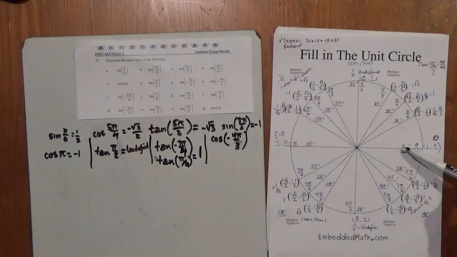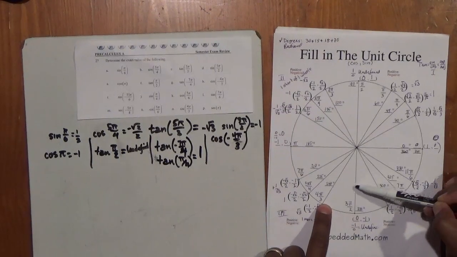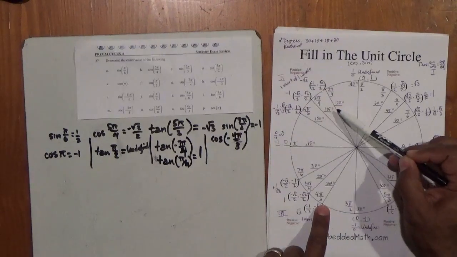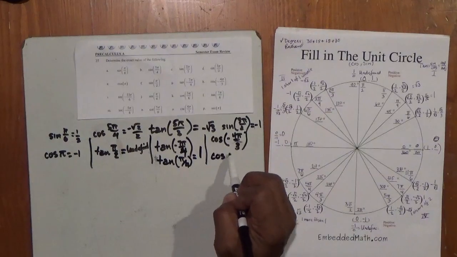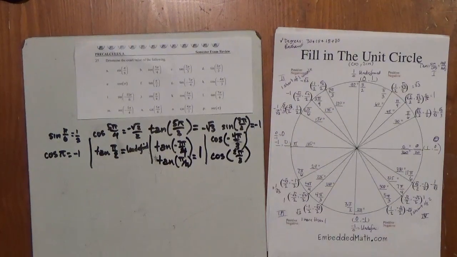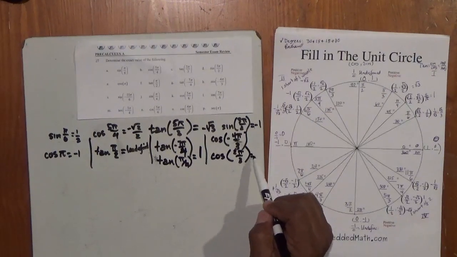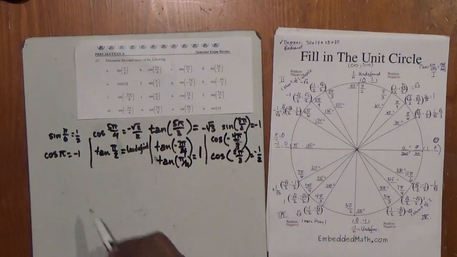But in this case, we're going 240 degrees in the negative direction, clockwise, and that would pull us to 120, or 2 pi over 3. So this is also equal to cosine 2 pi over 3, and in that case, cosine is equal to -1/2.